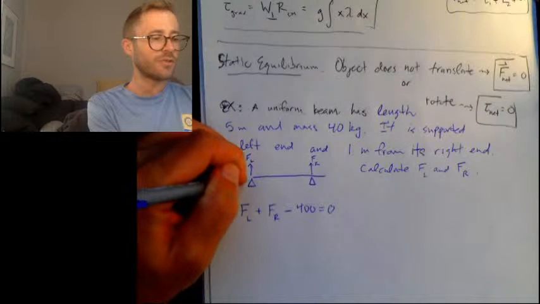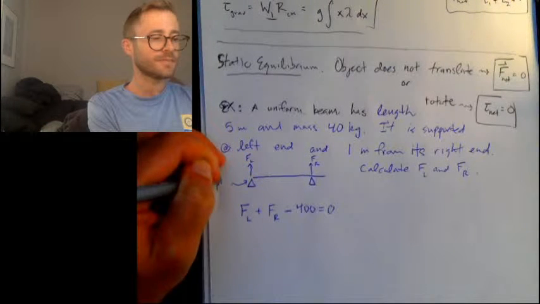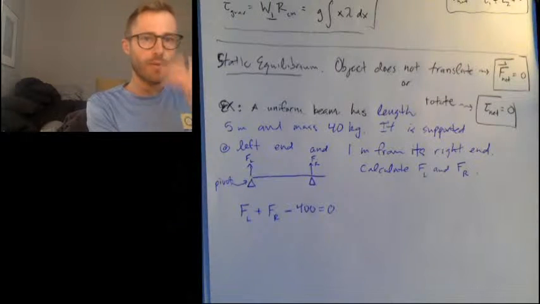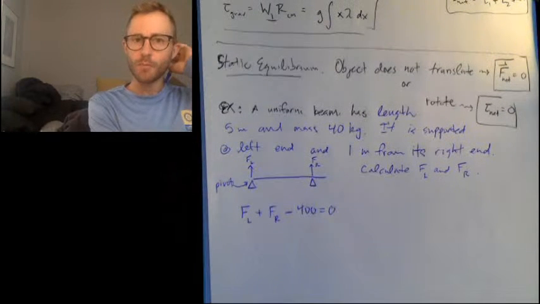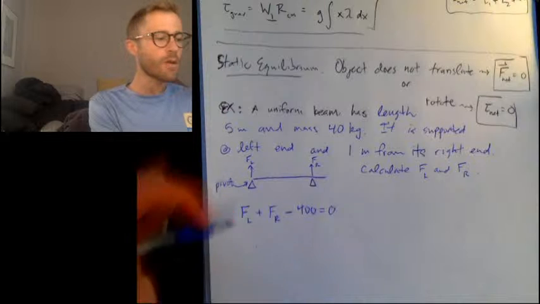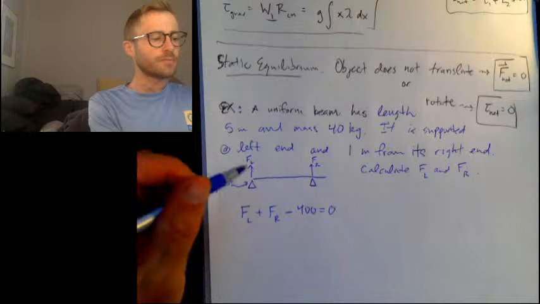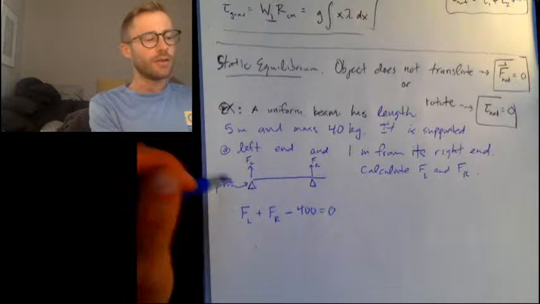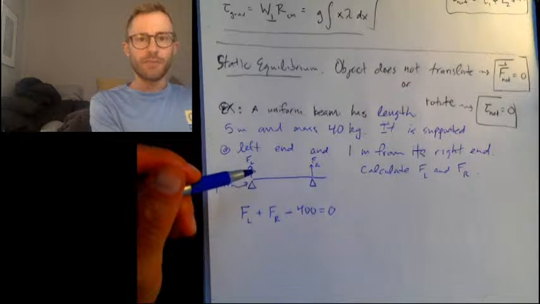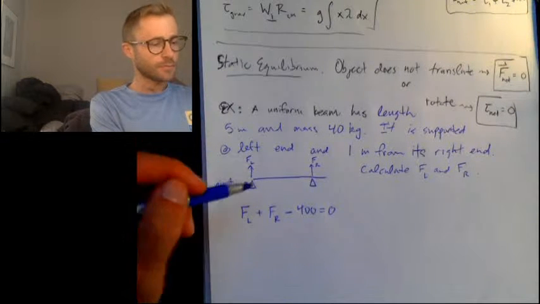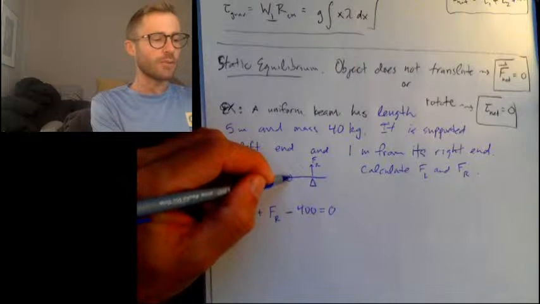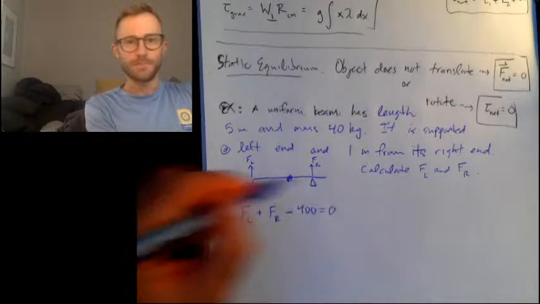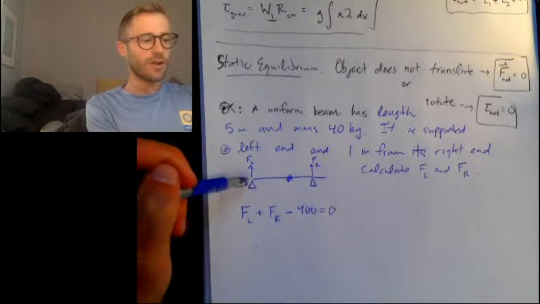Our second equation involves net torque equals 0. So I will choose the left end to be the pivot. Using F perp times R, all the forces are already perpendicular, because R goes horizontally, and the forces are either up or down.